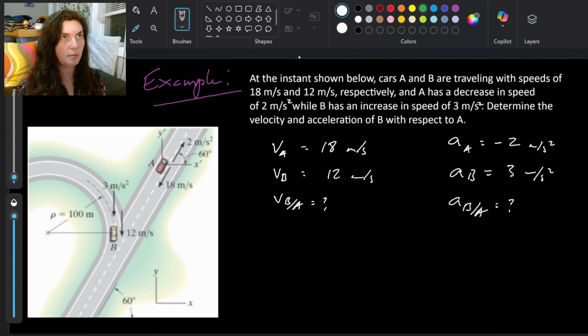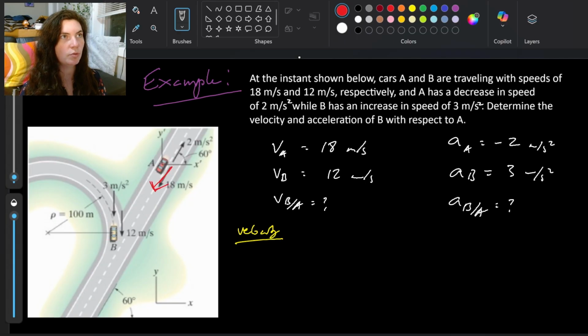So I think I'm going to start with my velocity. I'll do that in yellow here. So here we're going to solve just for velocity for right now. So velocity first. Let's take a look at these vectors. So if I come over and look at my velocity vectors, I have A is moving with rectilinear motion, straight line.